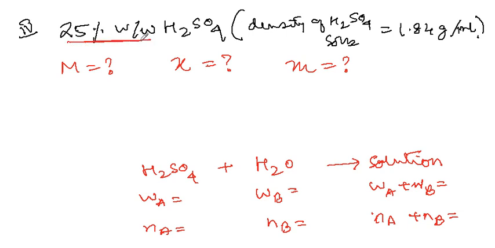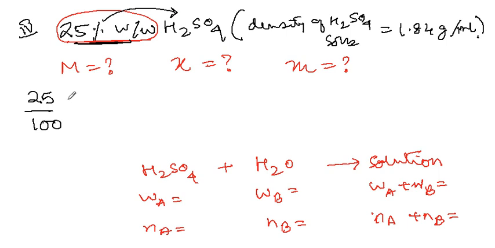So what we have is 25% by mass of sulfuric acid. What does it mean? Percentage is all about out of the total of 100. Out of the total of 100, the amount that we have is 25. So the 25 is the concentration representing sulfuric acid.